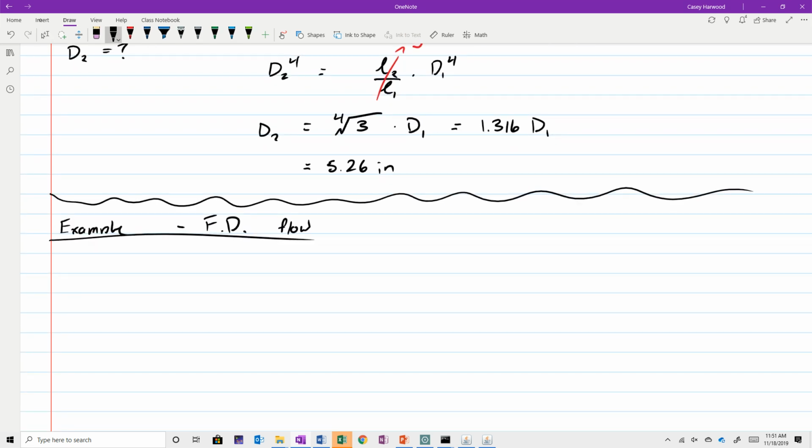So let's consider a case where water flows through a horizontal pipe driven by pressure. So it's a pipe flow driven by a pressure gradient.